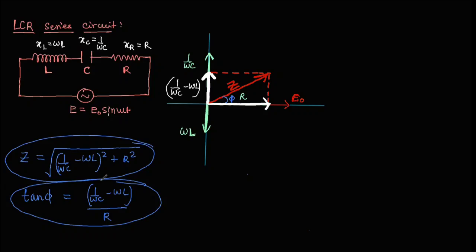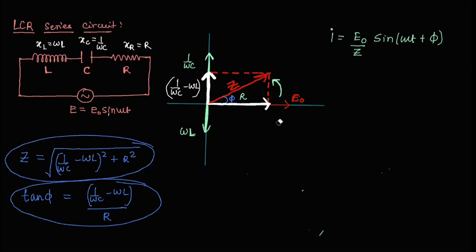And the equation of current will now be written as I is equal to E naught by Z sine omega t plus phi. If this phi were not on this side, that is in the anti-clockwise sense, but in the clockwise sense, then we would have written minus phi.